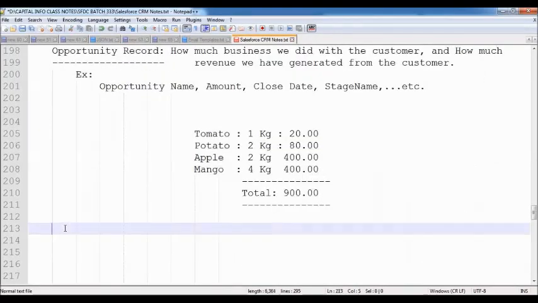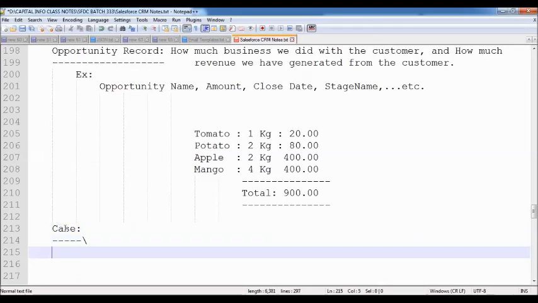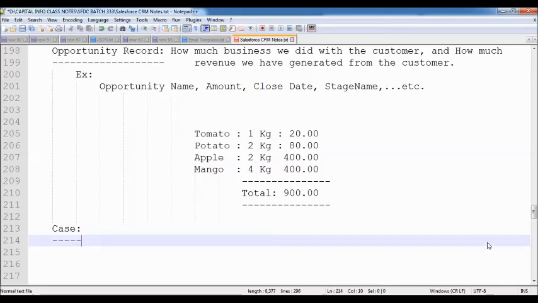A case is nothing but the detailed information of the problem which the customer is facing with our product or service.